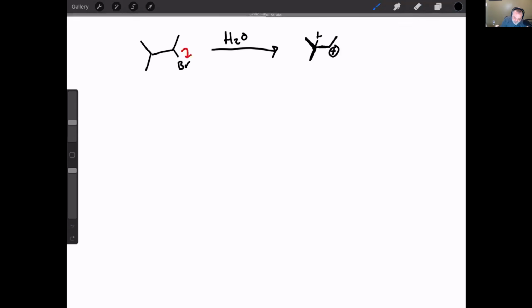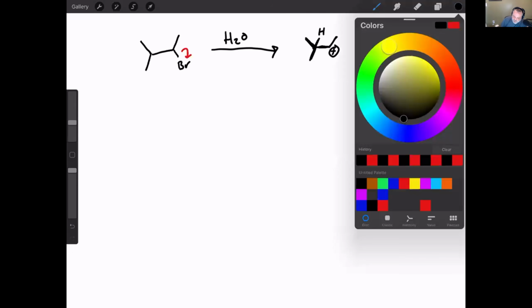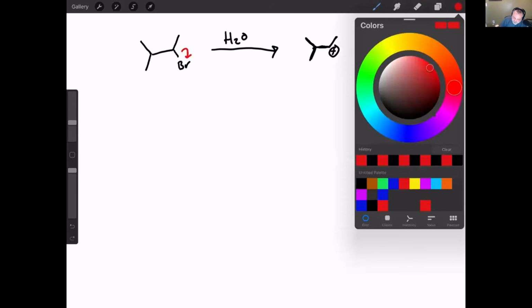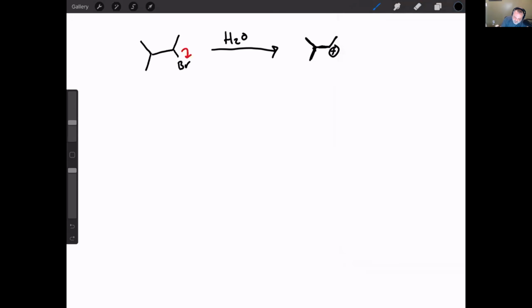In the carbon right next door to the cation, there is a hydrogen. And let me use my better drawing skills and draw it on the correct side.